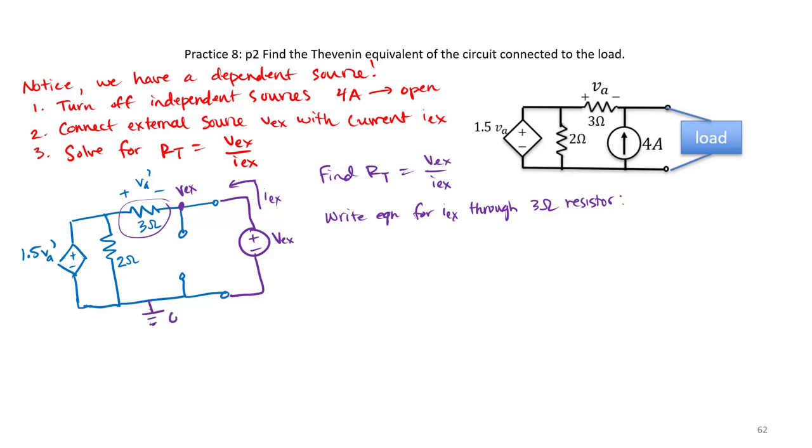If we let our bottom node be ground, then we can assume that our voltage to the left of our 3 ohm resistor is just 1.5 VA prime. So in this case, we can write the following. We know that IEX must be equal to our voltage VEX minus 1.5 VA prime divided by our 3 ohm resistor.